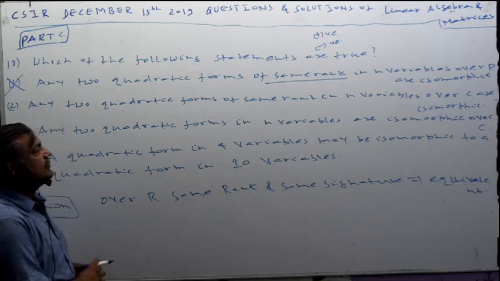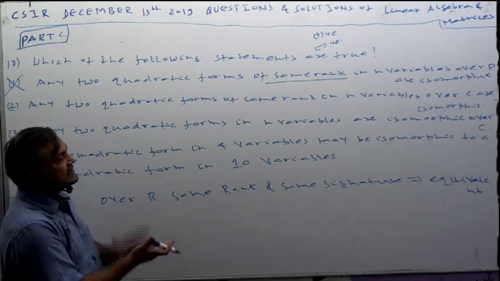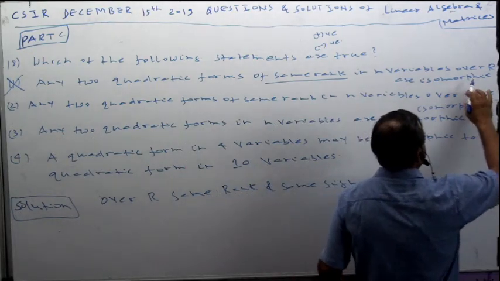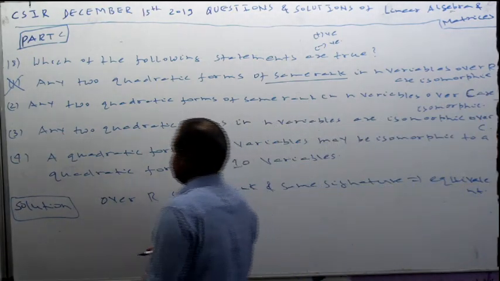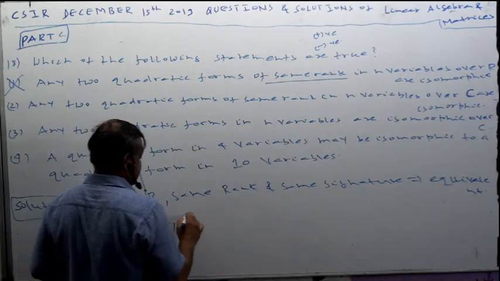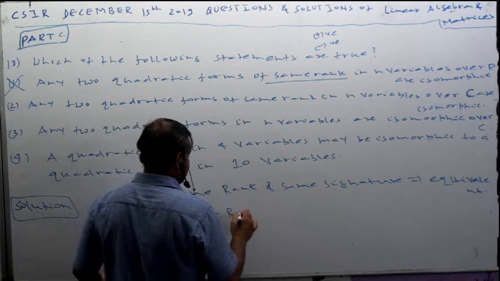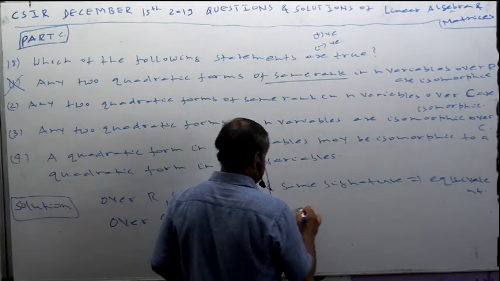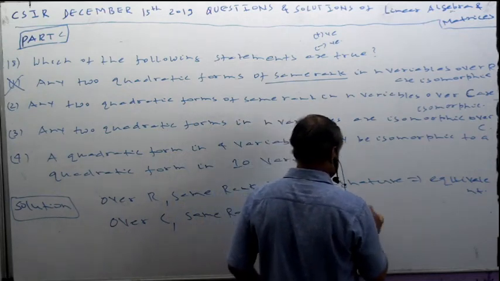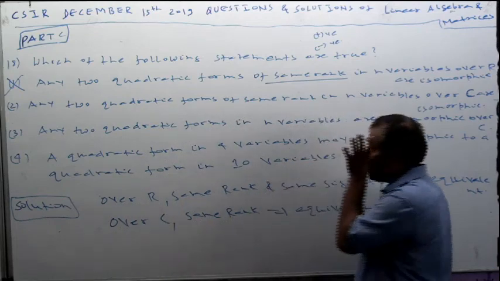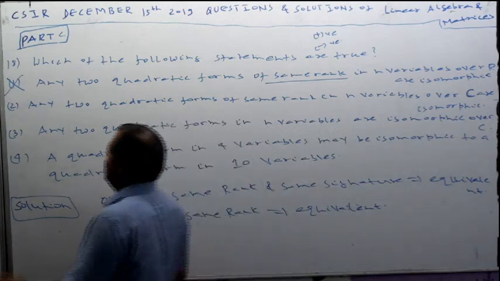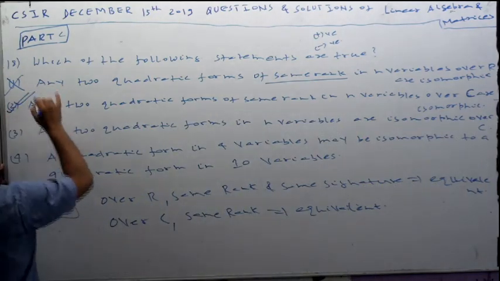Any two quadratic forms of same rank in n variables over C, over field of complex number, we only require same rank. So over C, same rank implies equivalent. Are you happy? Second one is totally correct.